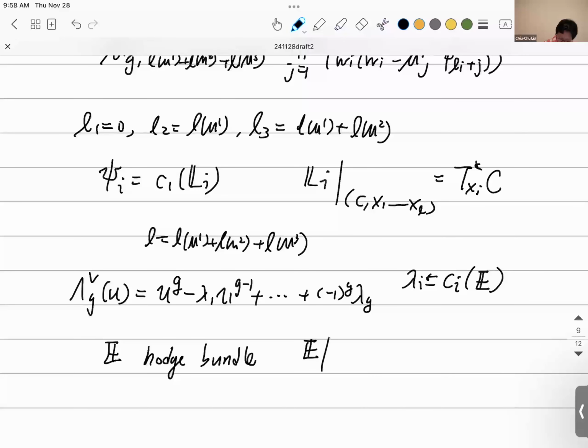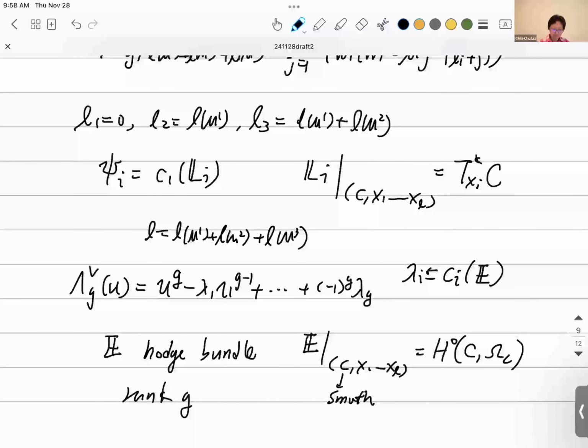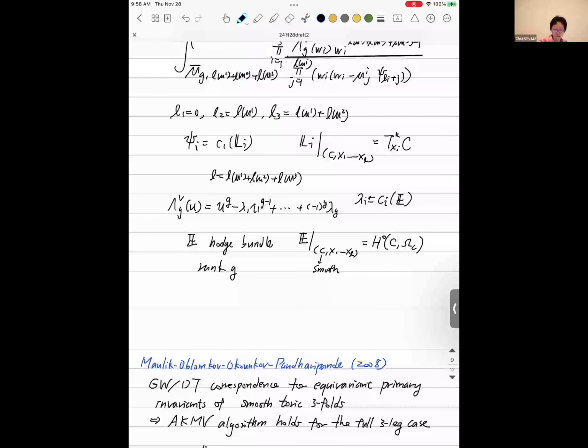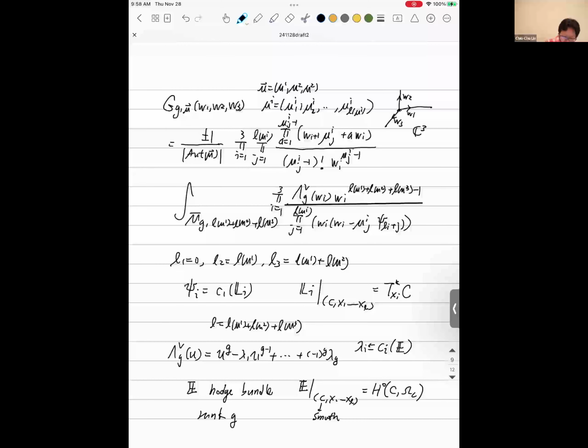So if this is a smooth genus G curve, then this is just the space of holomorphic differentials. So we call them three partition Hodge integrals.